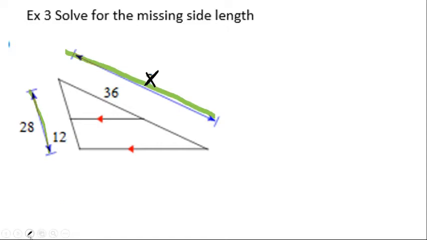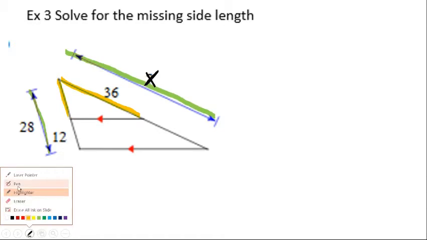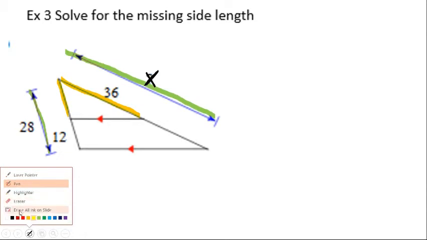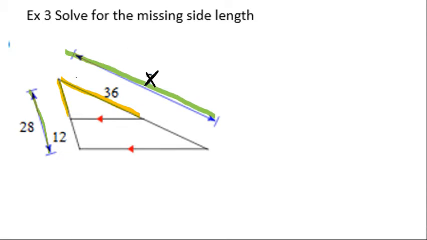Another thing I know here is that I have this 36. So remember, this is the top part of the segment, which means that it corresponds to this part. But I don't have a value for that. So what I need to do there is, again, solve for this part right here, which gives me 16. And remember, the way I get that is just 28 minus 12 gives me 16.